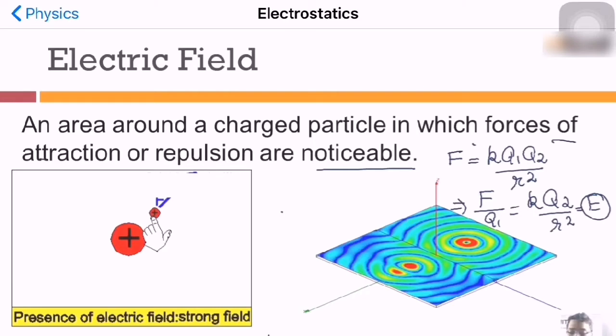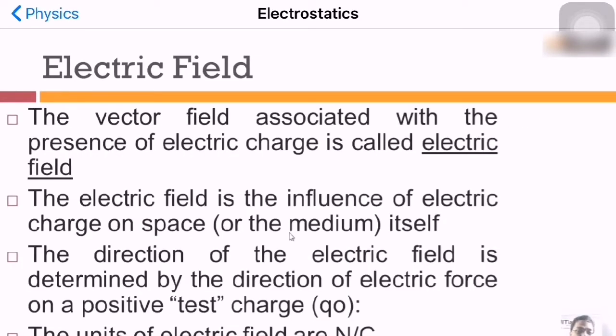Now going further, what exactly does electric field stand for? It is nothing but the vector field associated with the presence of electric charge. Electric field is the influence of electric charge on space or the medium itself.